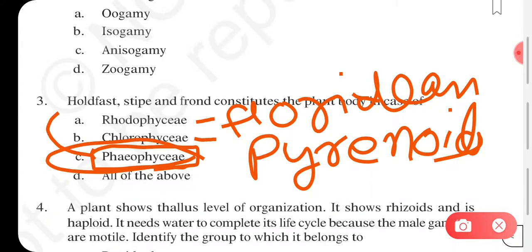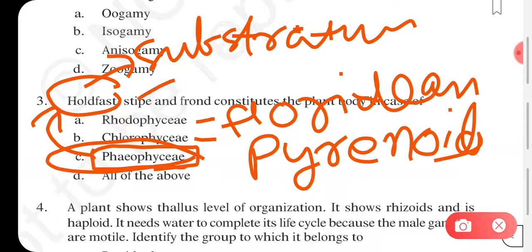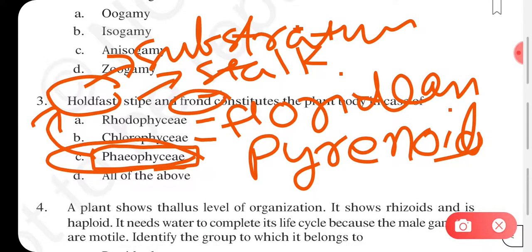And we see that among these structures mentioned here, the holdfast helps it to bind to the substratum. The stipe is present as a stalk, whereas the frond is a photosynthetic organ which is like a leaf.